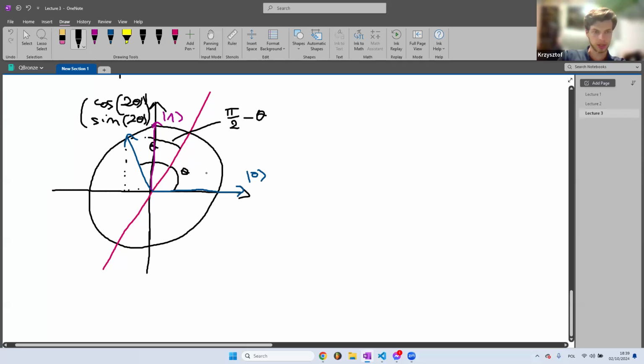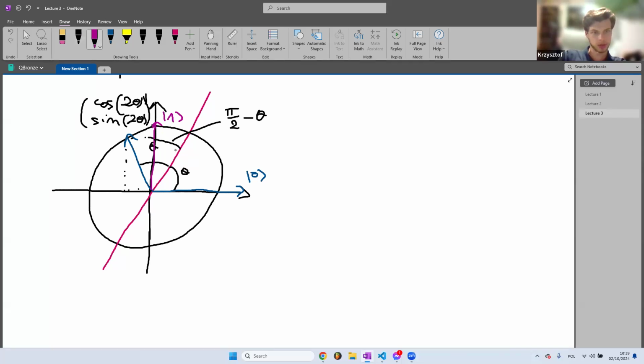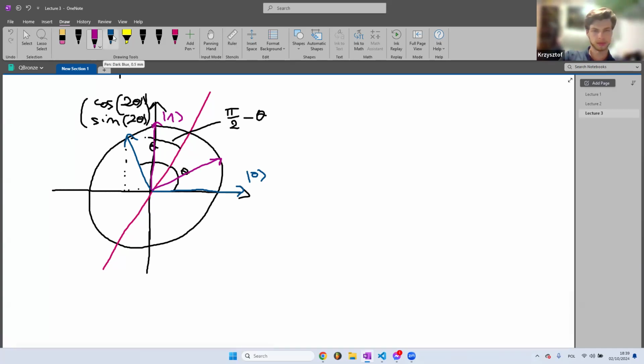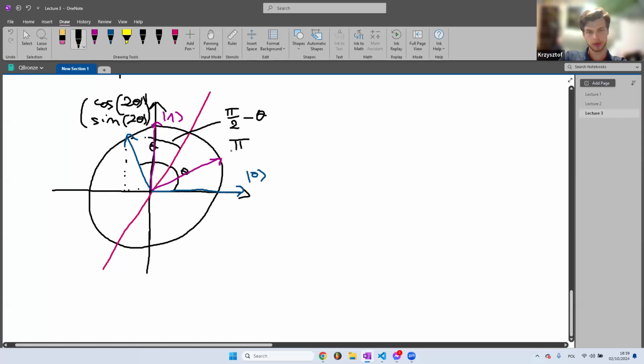Now this vector here gets transformed to something like here, which will be pi over 2 minus 2 theta.